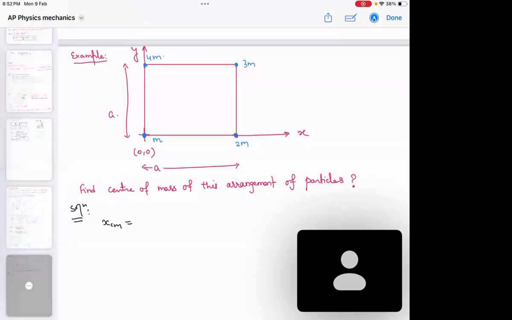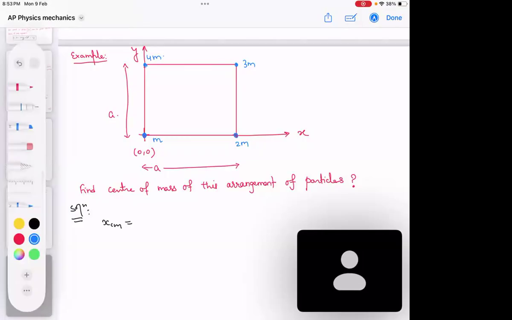For m mass, the coordinate is 0, comma 0, so the x coordinate will be 0. For 2m mass, the coordinate is a, comma 0. For 3m mass, a, comma a. For 4m mass, 0, comma a. So always try to identify the coordinates first, okay?